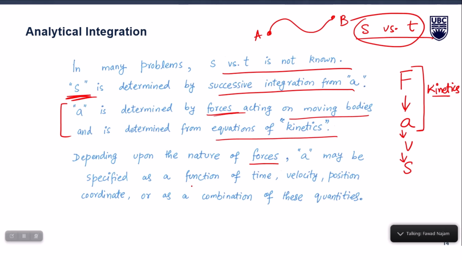Acceleration may also be specified as a function of time, just like displacement was given to you in the last case as a function of time. If that is the case, you can easily integrate 2 times with respect to time to get velocity and displacement respectively. But acceleration can also be given to you as a function of velocity or as a function of position coordinate, or any combination of these quantities.